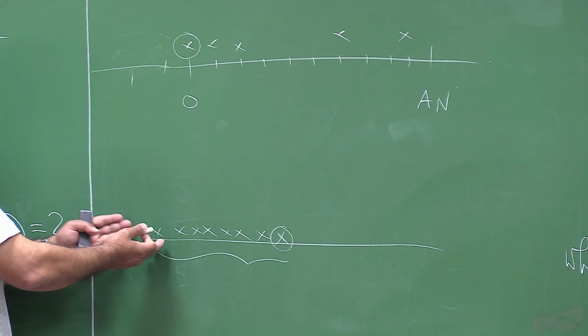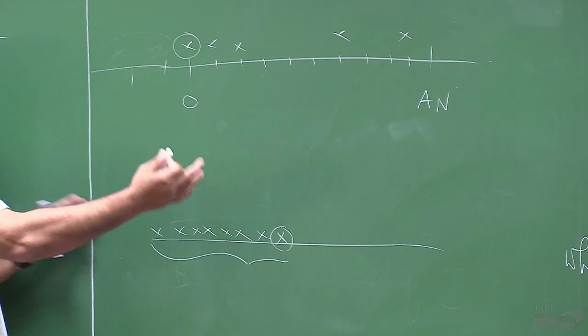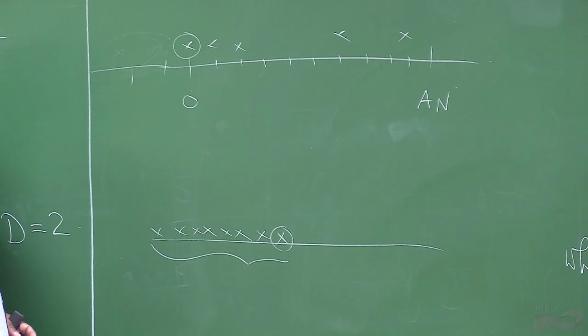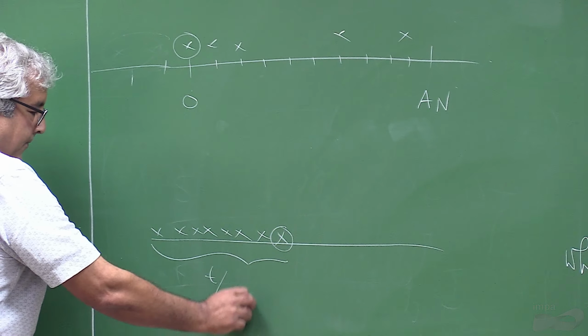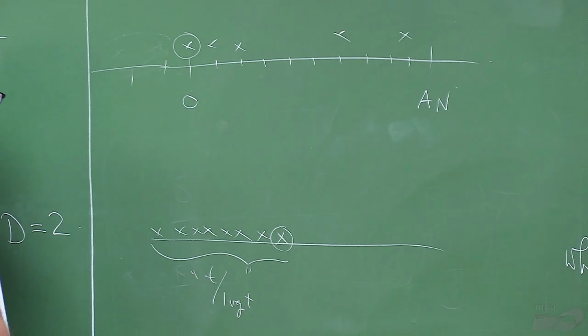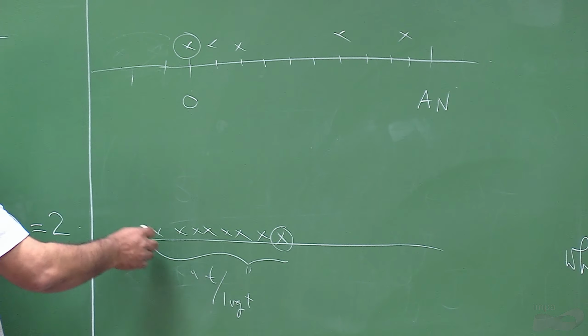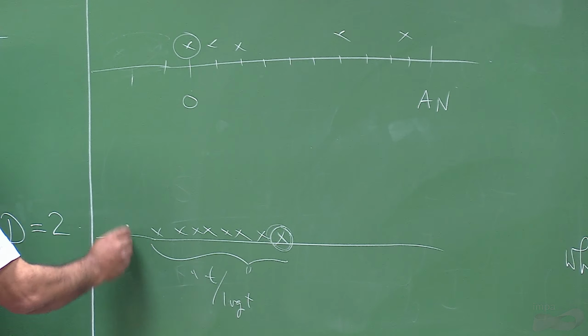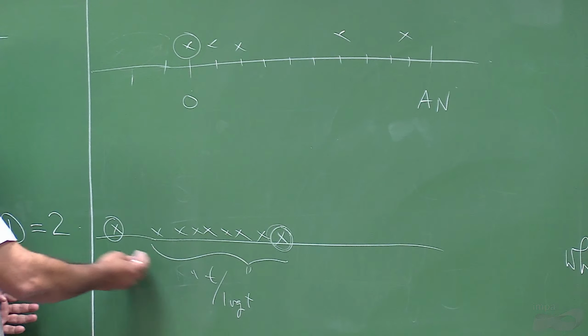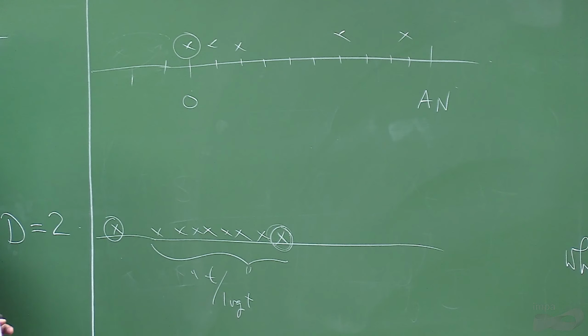If you only have a finite number, you're only going to get a normal distribution. So it turns out that this is something like t over log t. So that tells you that this one is not influenced by anything after t log t. So we can show that.